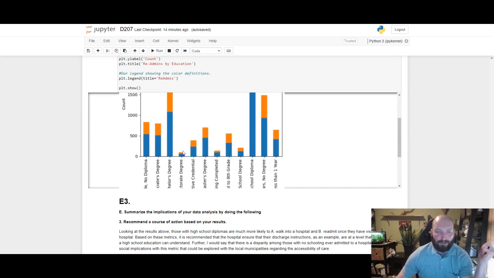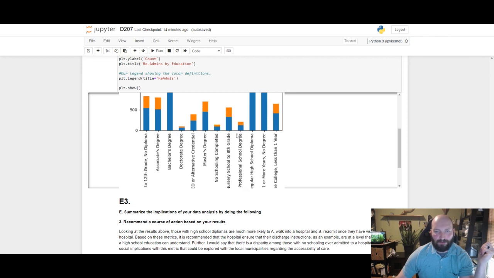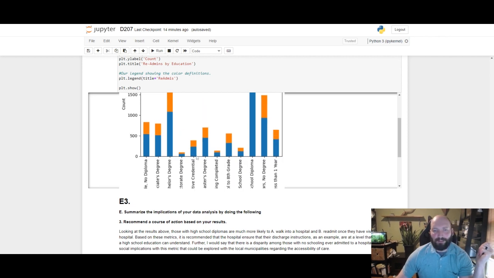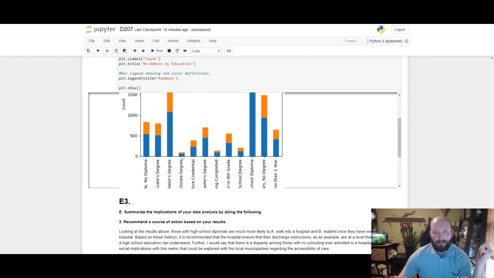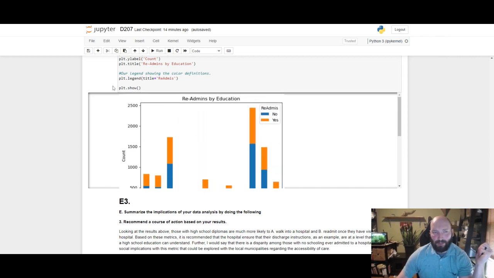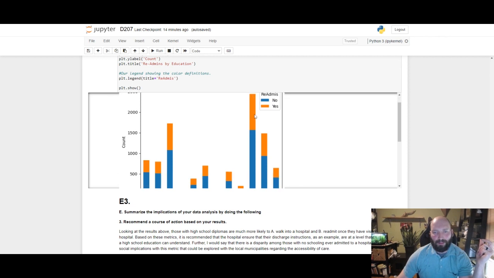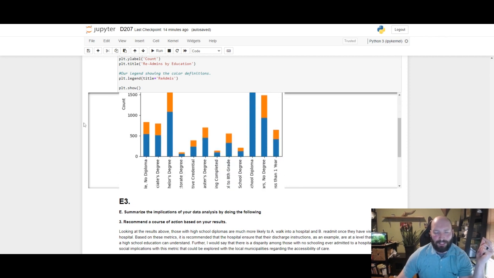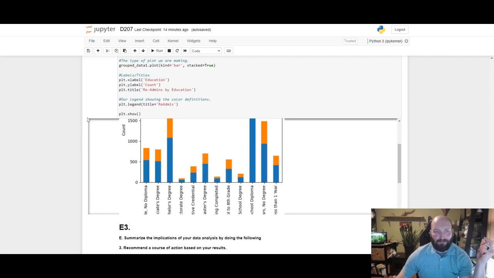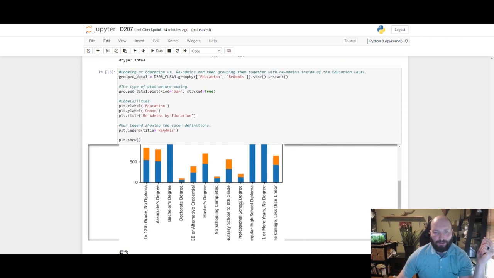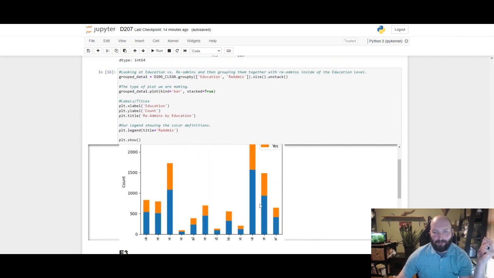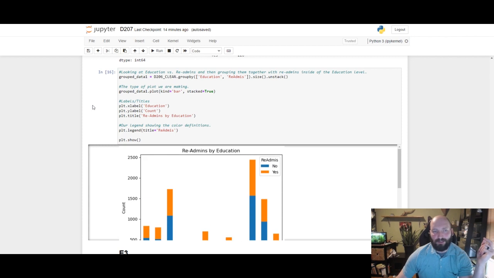With, say, doctorate degrees, no schooling completed, and professional school degree, we don't have a lot of data. So I would propose that we pull individual columns out and assess them for further use. With the regular high school diploma, since that's where we have the largest data set, that's where I would probably start.